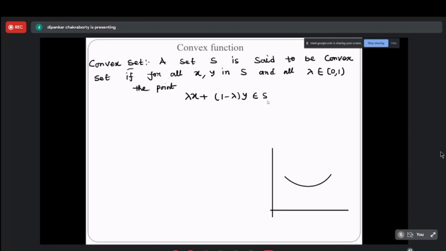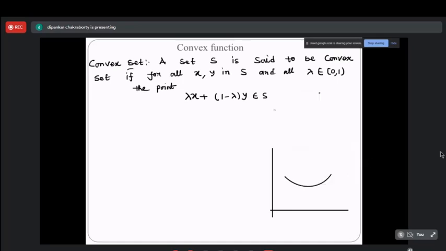What is the meaning of that? Just try to understand the logic first, because this is a very, very important fact in the later part of the optimization methods. Suppose I'm considering a real line.